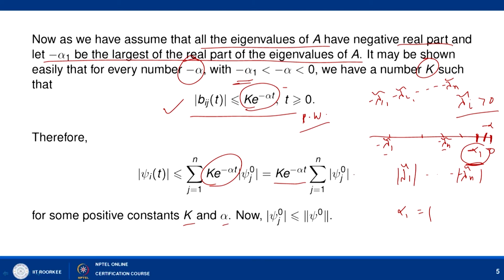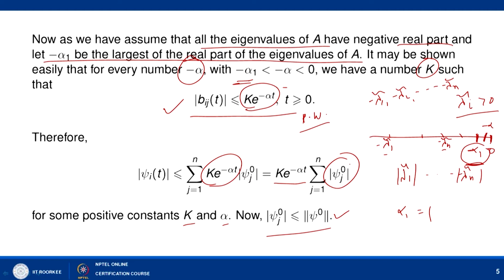Now, we already know that psi j 0 is less than or equal to the norm of psi naught. Here the norm of psi naught is basically the maximum of psi j 0, j from 1 to n. So each one is less than or equal to the norm of psi 0.